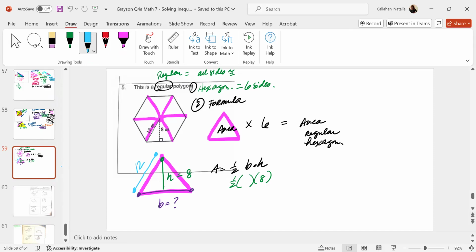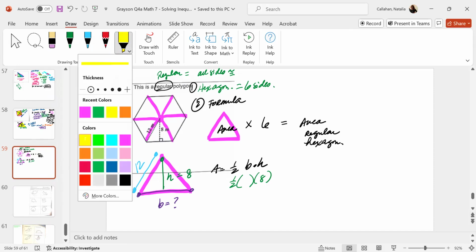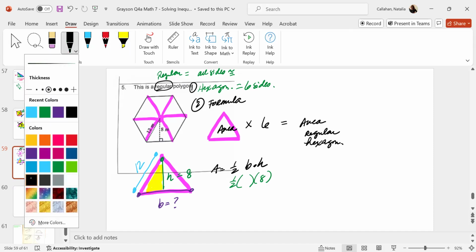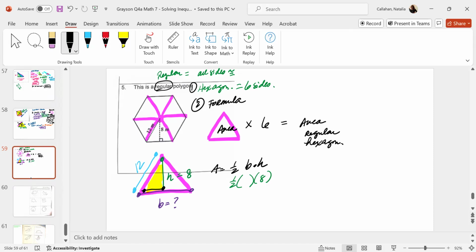Do you remember the Pythagorean theorem? With the Pythagorean theorem, can you apply it towards this little yellow triangle to find the bottom? Because isn't the bottom of this yellow triangle going to be this part right there? Yeah. So use the Pythagorean theorem. What's the Pythagorean theorem?